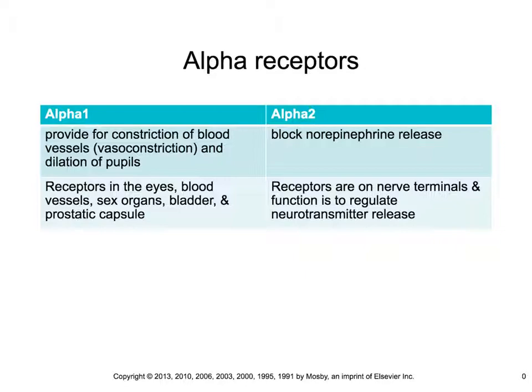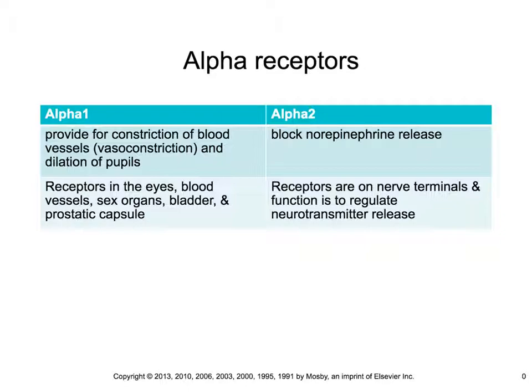So the norepinephrine receptors are adrenergic. So we have alpha 1. This provides constriction of the blood vessels, vasoconstriction, and dilation of the pupils. And then when we have alpha 2, this blocks norepinephrine release. Most often when we speak of alpha stimulation agonists or alpha blockade, we are referring to alpha 1 receptors.